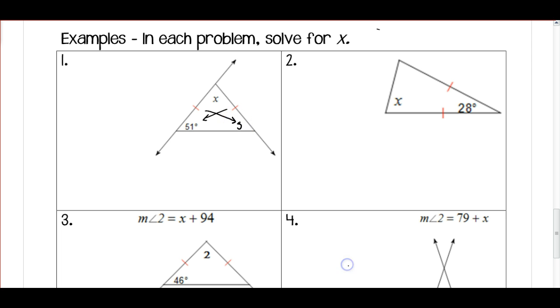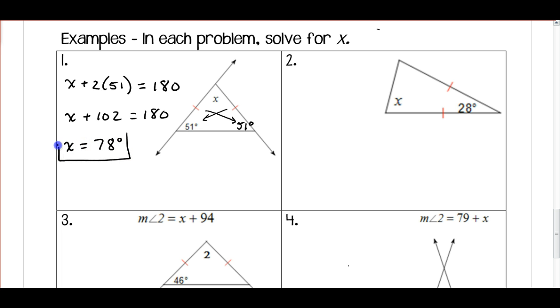So this angle is also 51 degrees. The three angles of a triangle always add up to 180, as we learned in lesson 4.1. So x plus 2 times 51 is 180. x plus 102 equals 180. Subtract 102 from both sides, and x is 78 degrees.